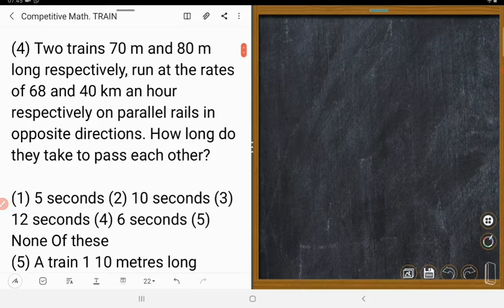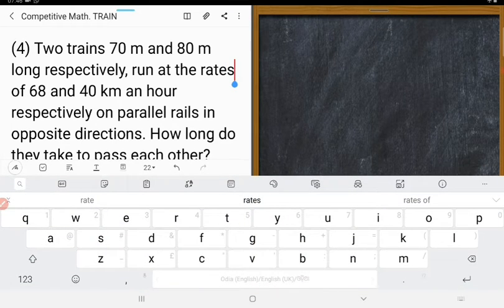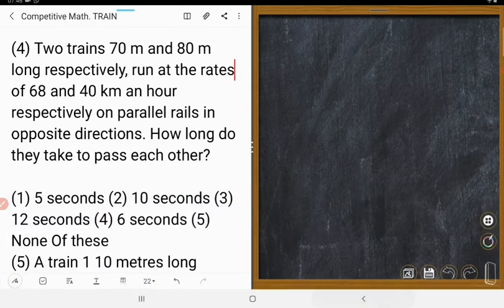Yes, next one is number 4. Two trains. One is 70 meter long, another is 80 meter long. They respectively run at the rates of 68 and 40 kilometer an hour on parallel rails in opposite direction.